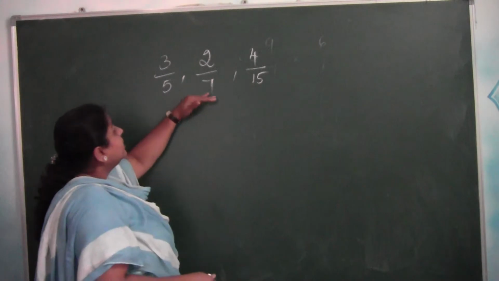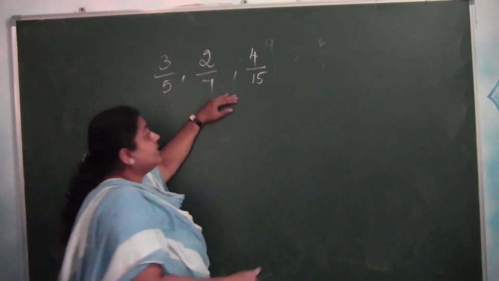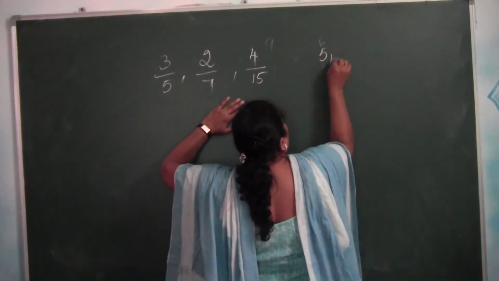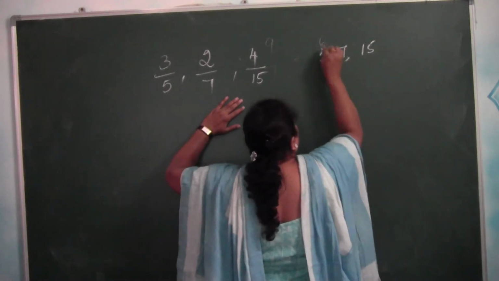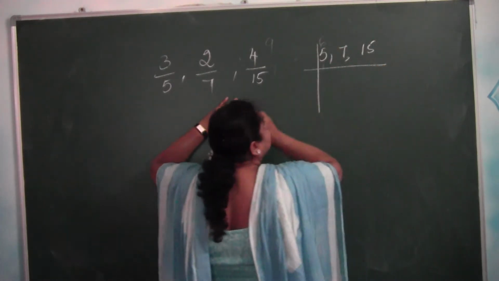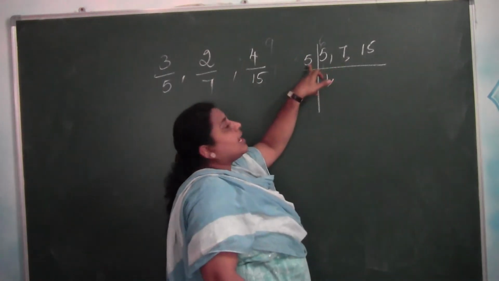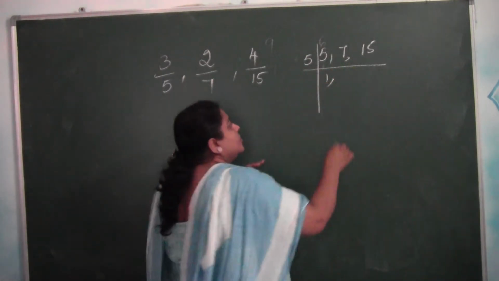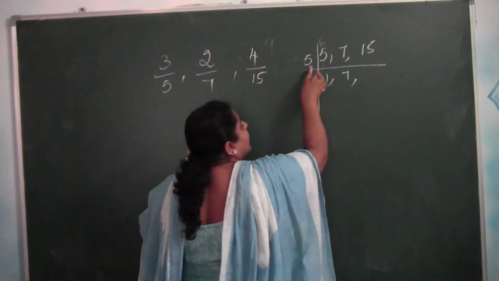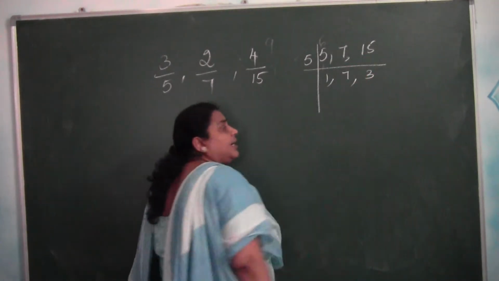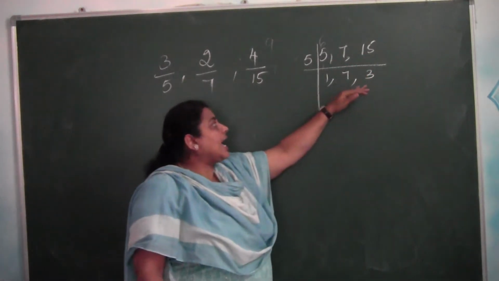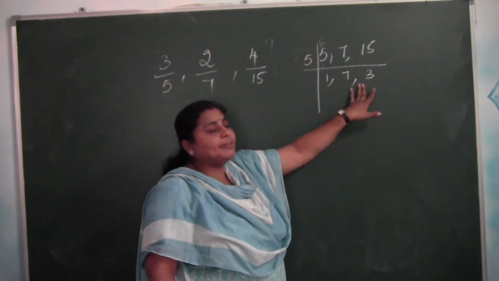Now let us calculate the LCM of 5, 7, 15. You already know how to do the LCM. 5 ones are 5. Will 7 come in 5? No. So I write 7 as it is, and 5 in 15 3 times. Now I'll stop the LCM here because I got prime numbers.